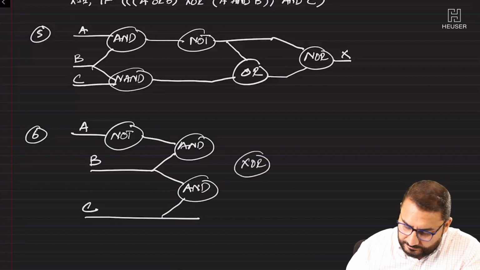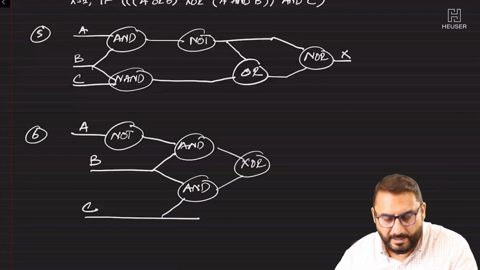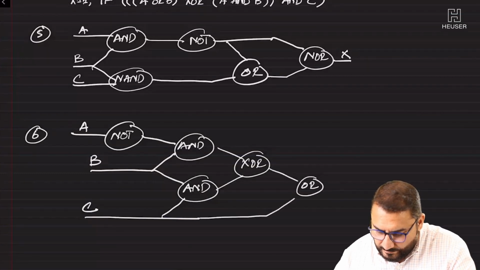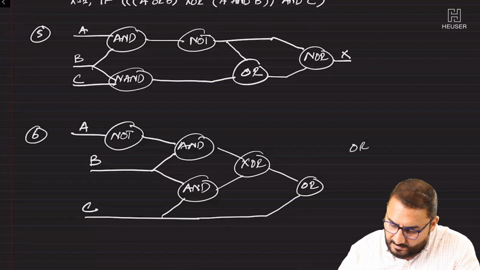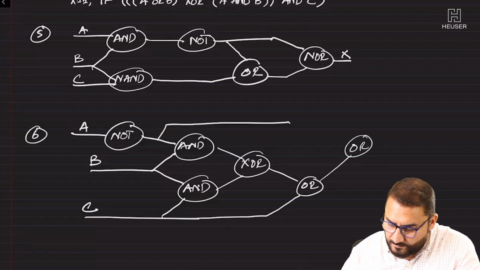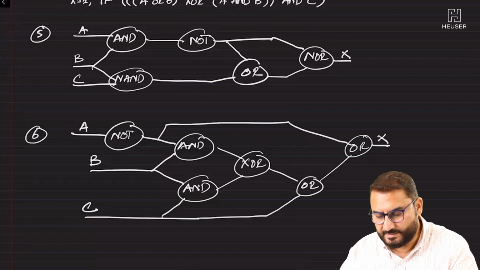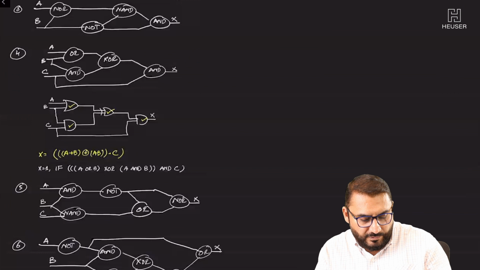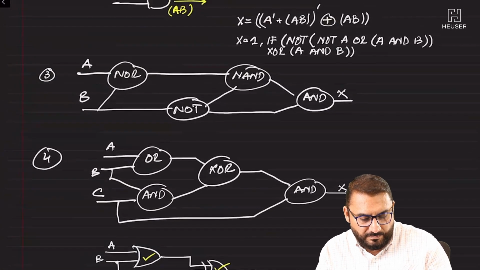Exclusive OR. The output of AND gates goes to exclusive OR. Then we have OR. And then we have another OR. This is our X. So I'm leaving these 3, number 3, number 5 and number 6.